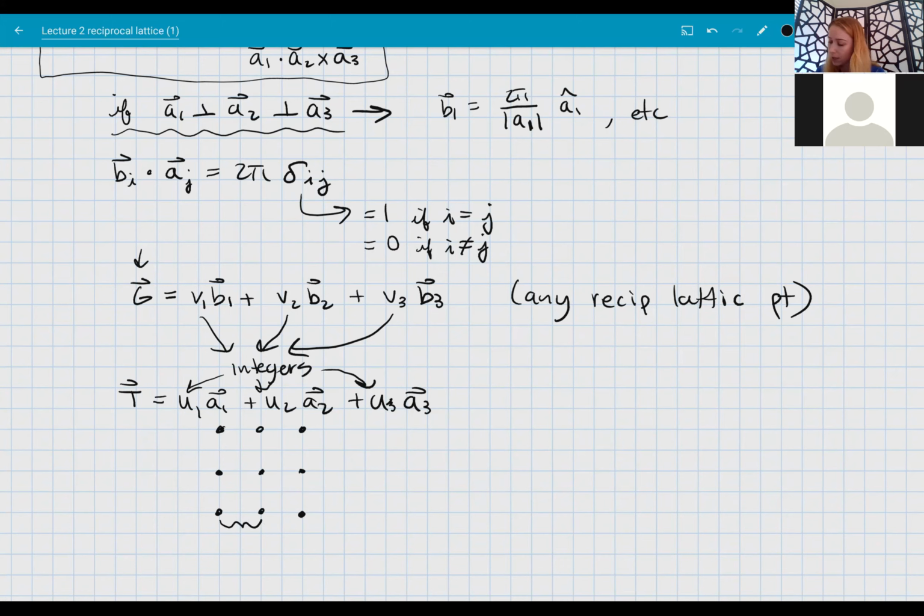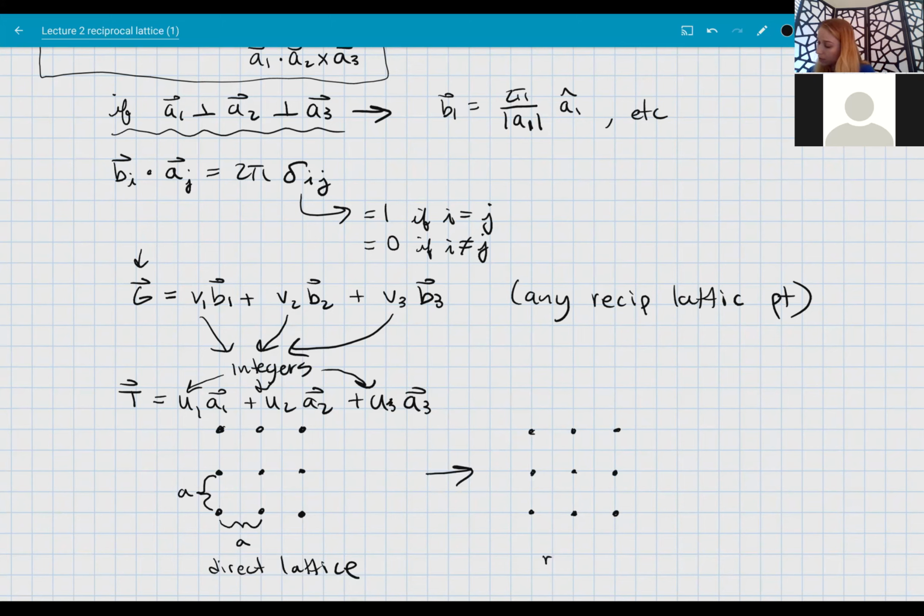If we have the spacing as a, this is the direct lattice, and it's a collection of points in space. The reciprocal lattice is also going to be a collection of points in reciprocal space. This picture is not going to be to scale relative to the previous picture, but I want to emphasize that the reciprocal lattice, just like the direct lattice, is a collection of points in space.